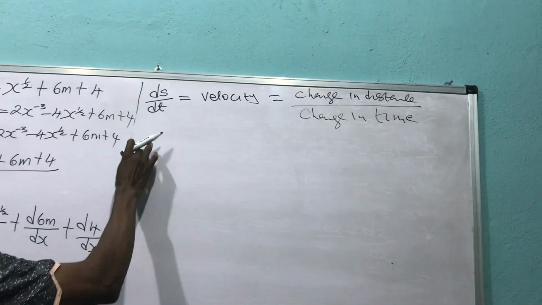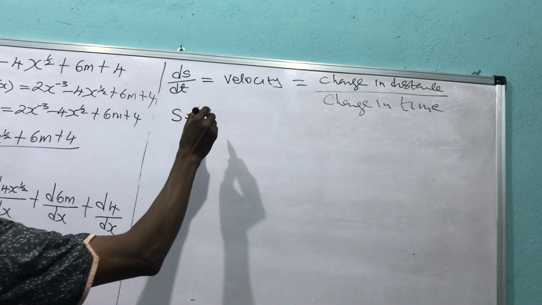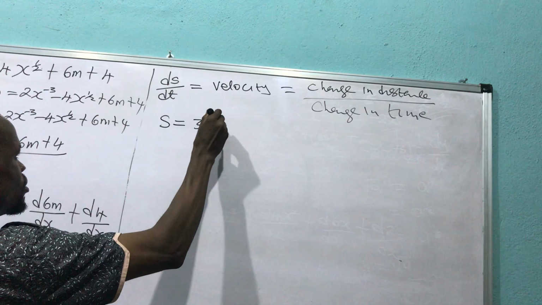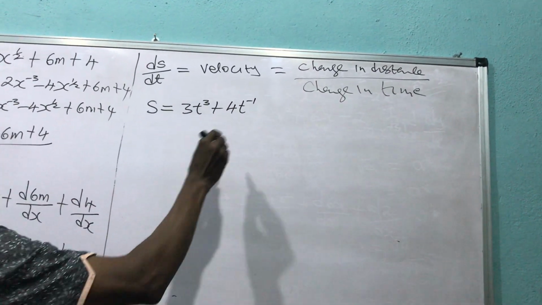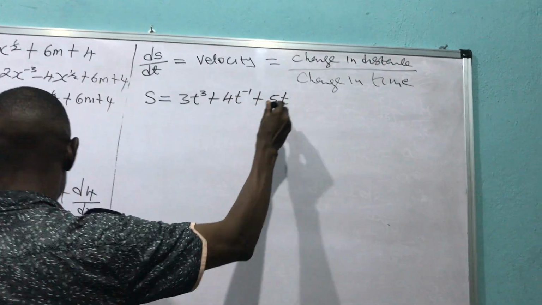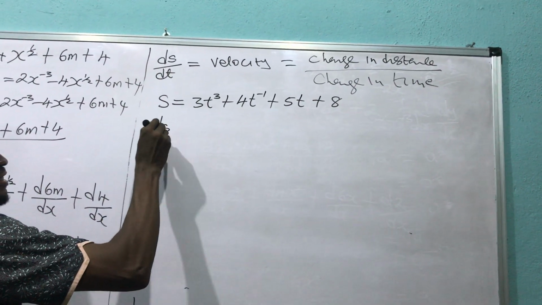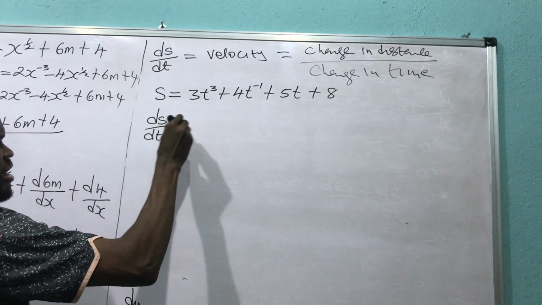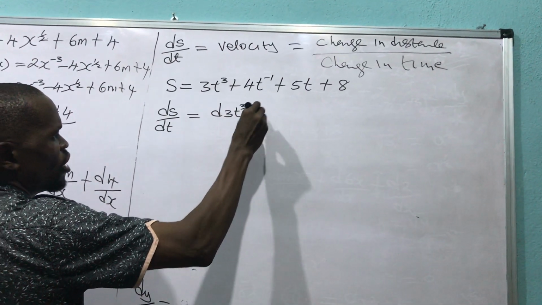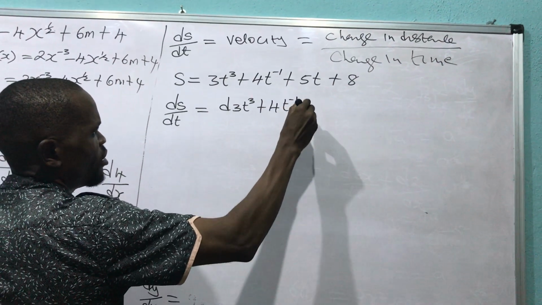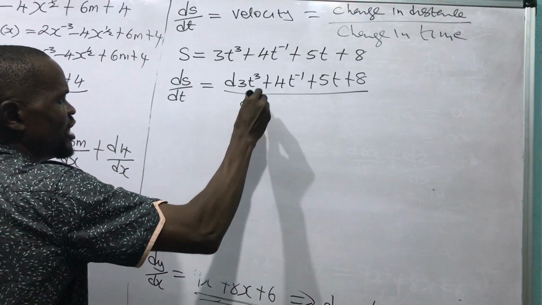I'm differentiating it. And the value we are differentiating is what? x equals 3t cubed plus 4t raised to the power minus 1 plus 5t plus 8. When we differentiate this, we say dx/dt, and that gives me d(3t cubed plus 4t^-1 plus 5t plus 8) all over dt.